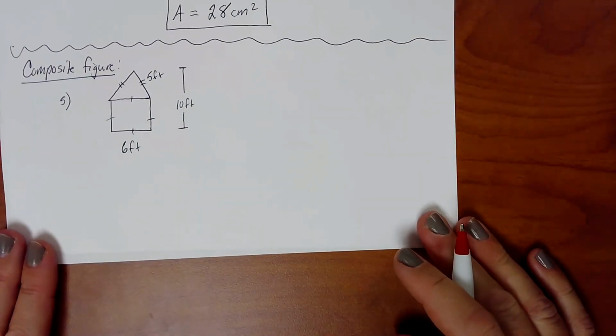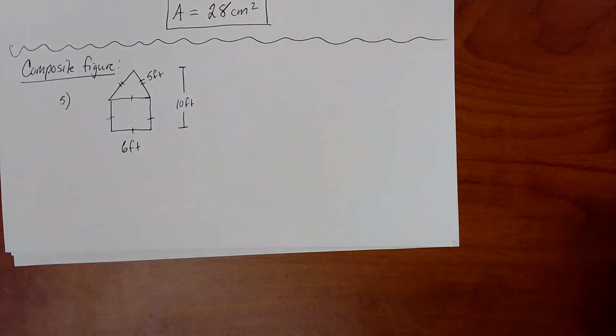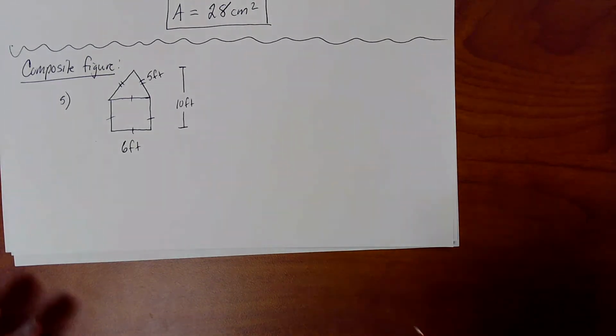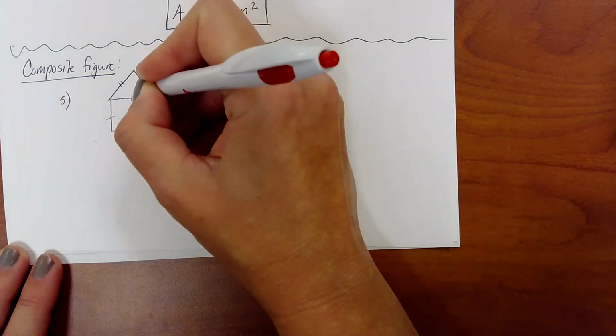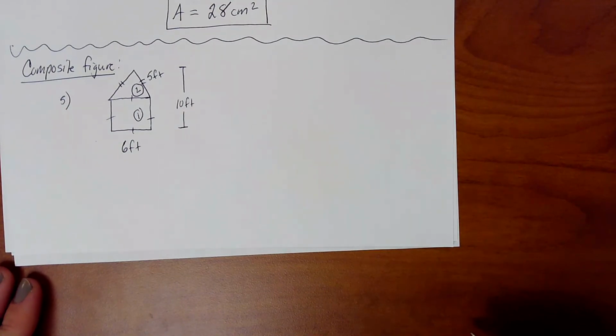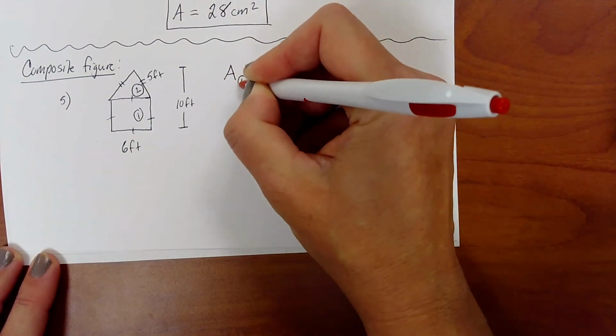So what would your strategy be here for figuring this out? Well, you got to find the area of both shapes, right? And I want you to stay organized. So here's what I want you to do. I want you to, in the actual figure, label it with numbers and put a circle. Then when you do your formulas, I want you to use a subscript.